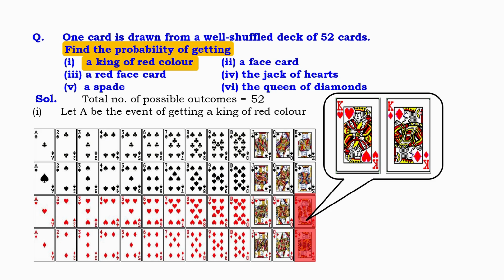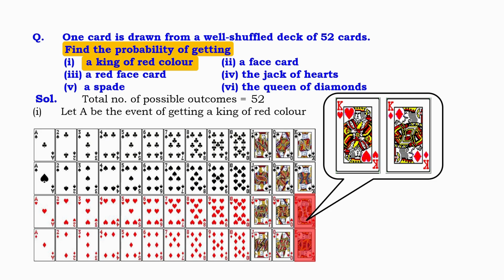Then we have the heart, also red, and the second row is the spade card, which is black color. And at the top we have the club card, which is black color. So each type of card has 13 cards.